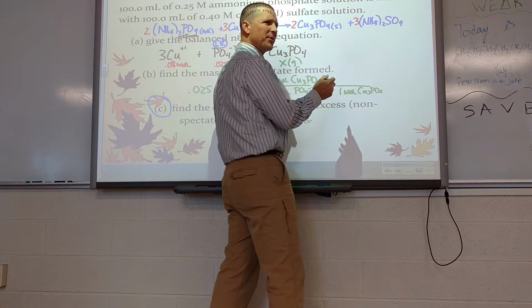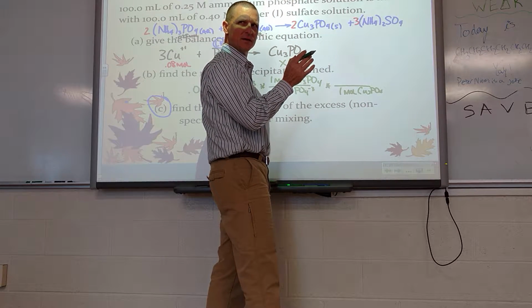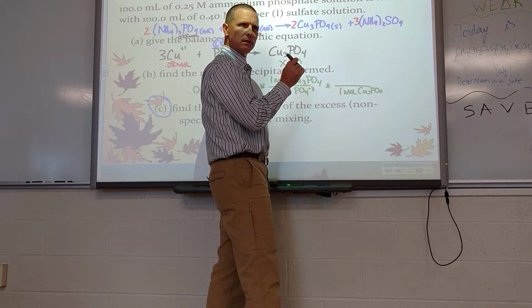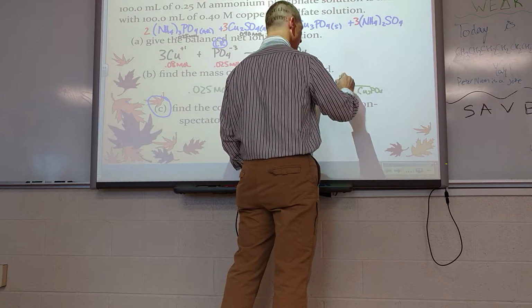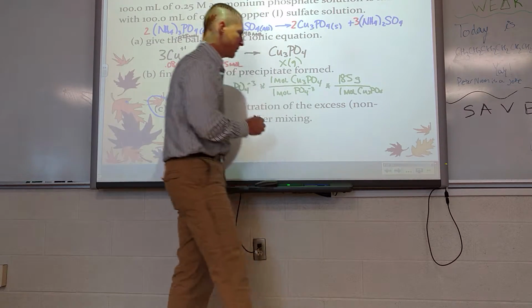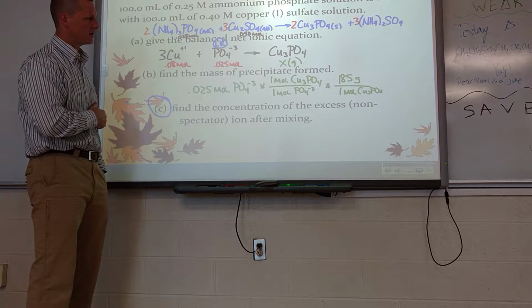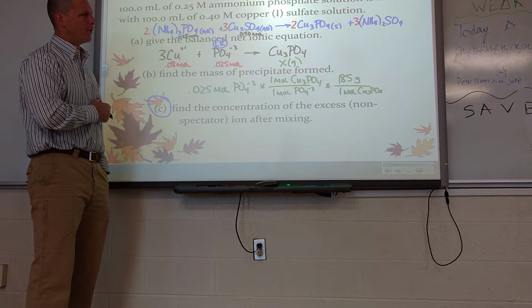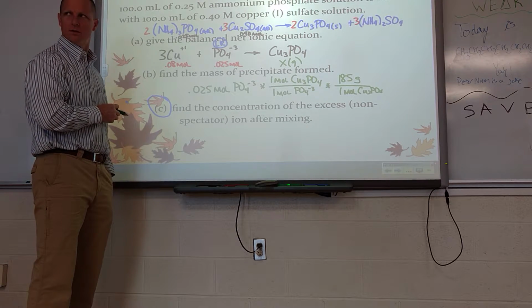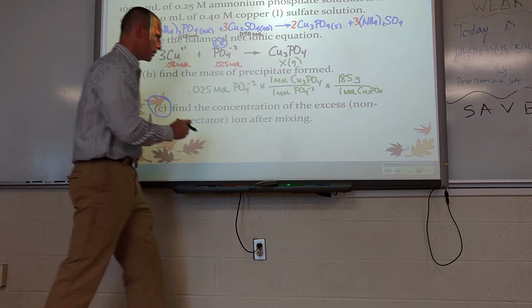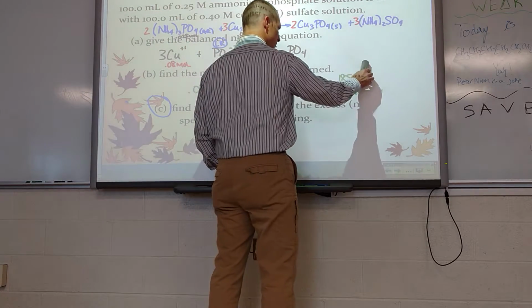Oh. The molar mass of copper phosphate is 180 something, isn't it? 185. Okay. Thanks. The molar mass of Cu3(PO4)2. It's 285. Yeah, 285. Thanks.